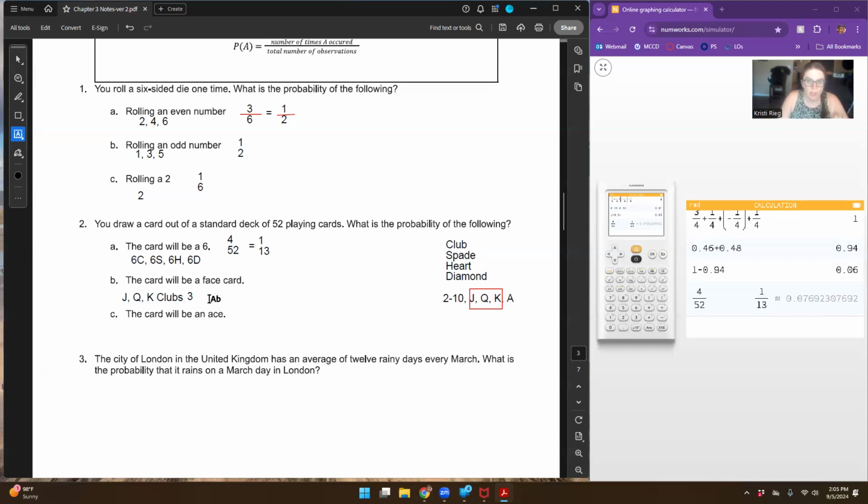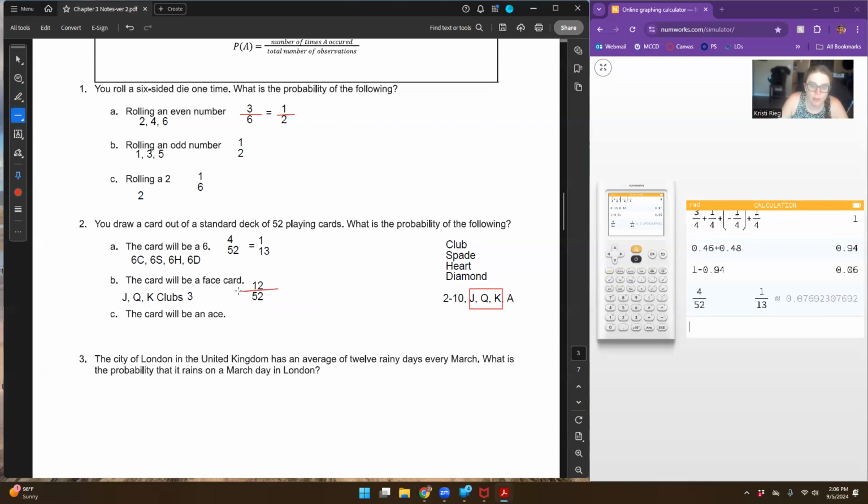And then we'll have a Jack, Queen, King of spades, Jack, Queen, King of hearts, Jack, Queen, King of diamonds. So there's 12 cards altogether. So there's 3 clubs, 3 spades, 3 hearts, 3 diamonds. That means we have 12 cards out of our 52 are face cards.